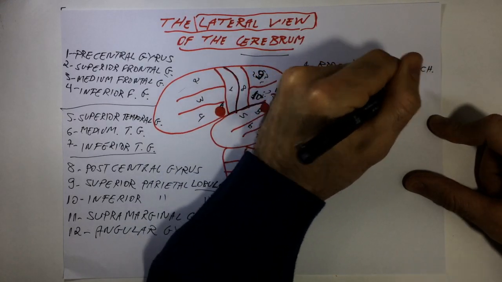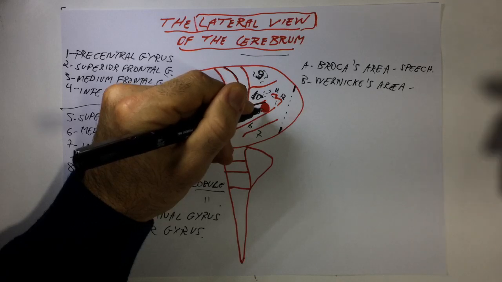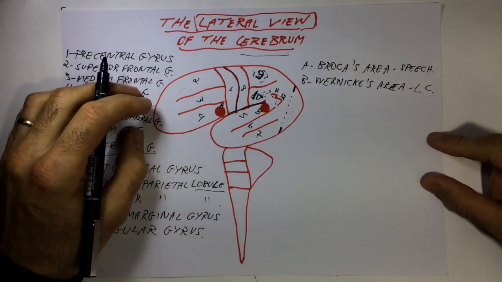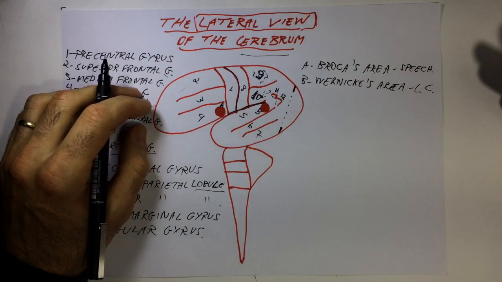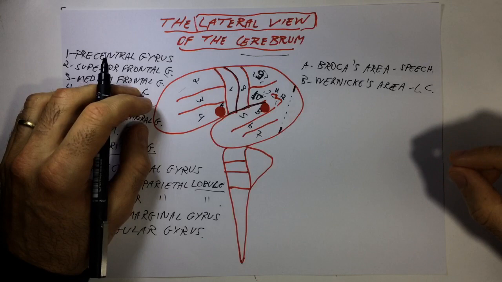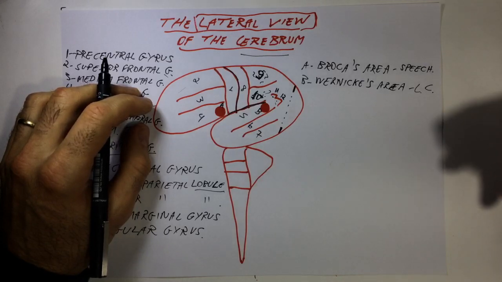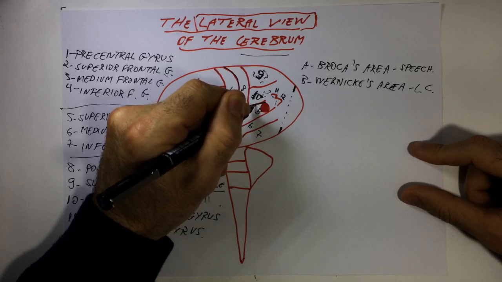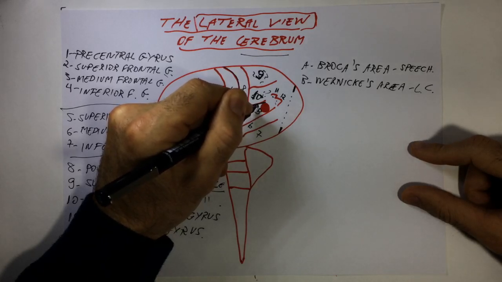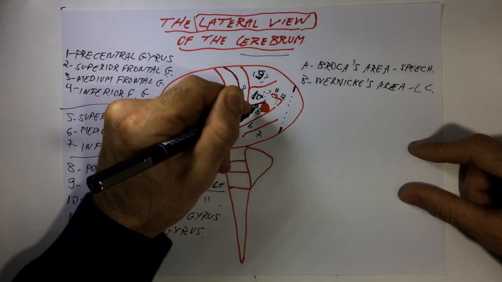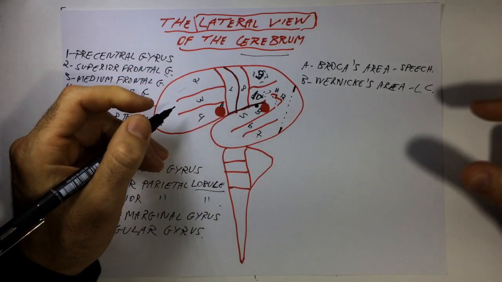The Wernicke's area is more related to language comprehension. So the understanding of language, not the auditory sensation. There is another area here that is responsible for hearing, and if you damage this area, you will go deaf.